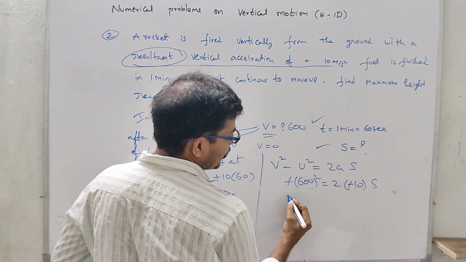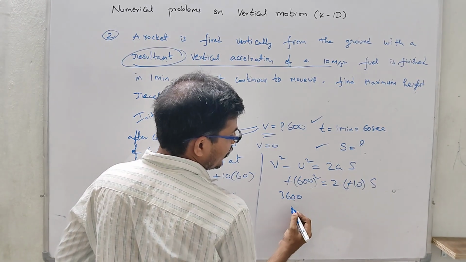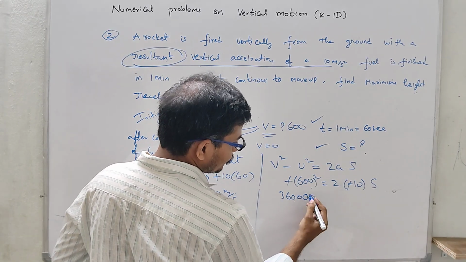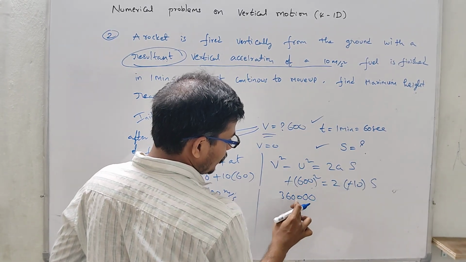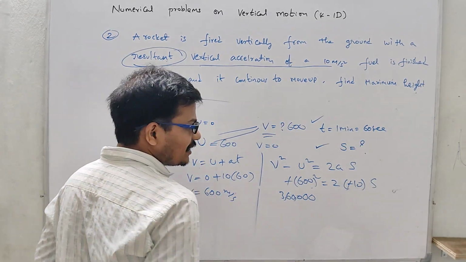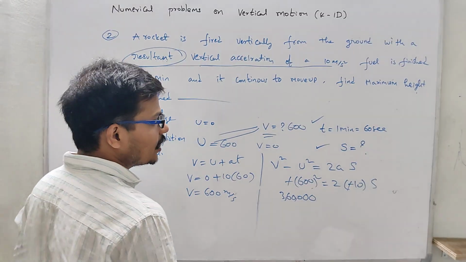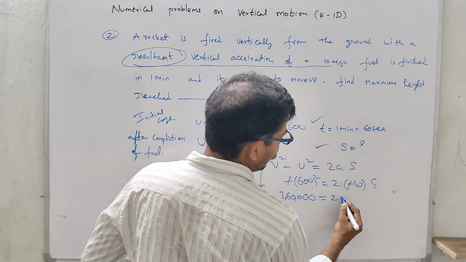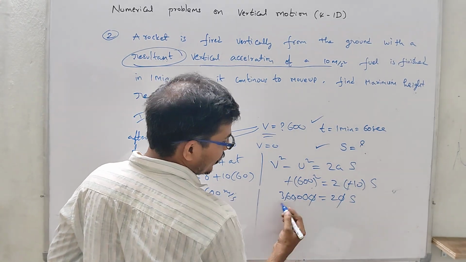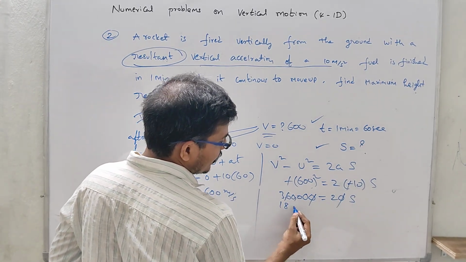After cancellation we get 3600, with two more zeros, so 3,60,000 equals 20 times s. The 0 will be cancelled, and after cancellation we get 18,000.